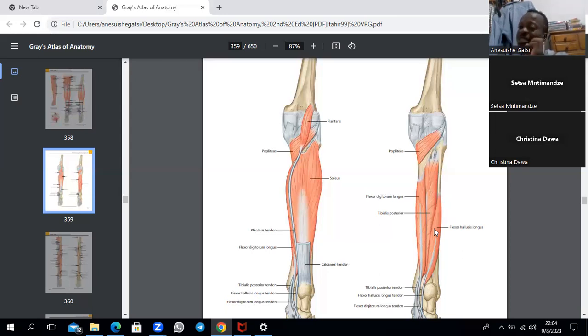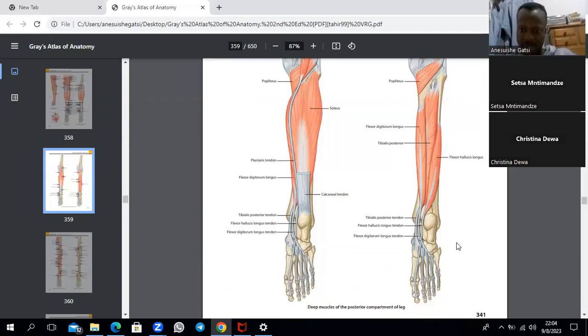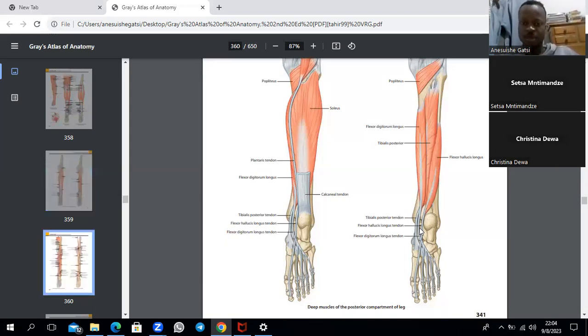So tibialis posterior will originate from the fibula, the interosseous membrane, and the tibia. It inserts into the tuberosity of a bone called the navicular. Let me show you. It's covered. There's a bone called the navicular somewhere there. Let me see if there's a clear picture here.